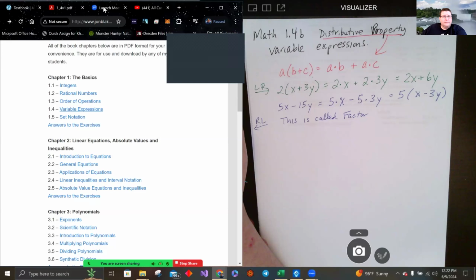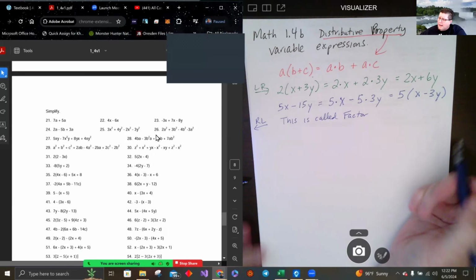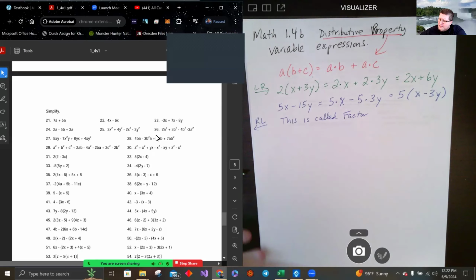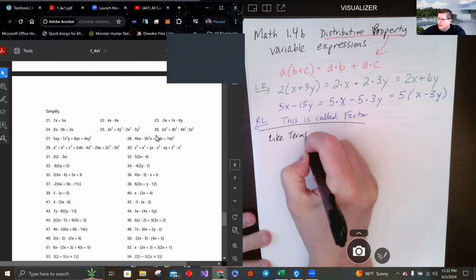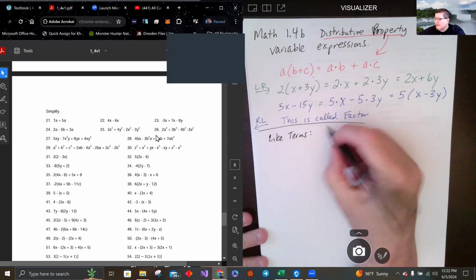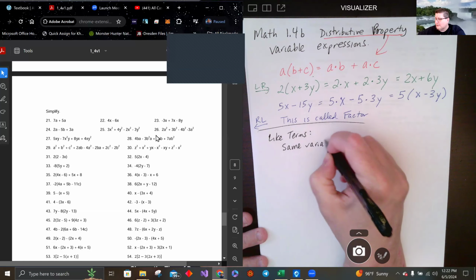But that's what's going on. Something called like terms. Like terms have same variables with same exponents.